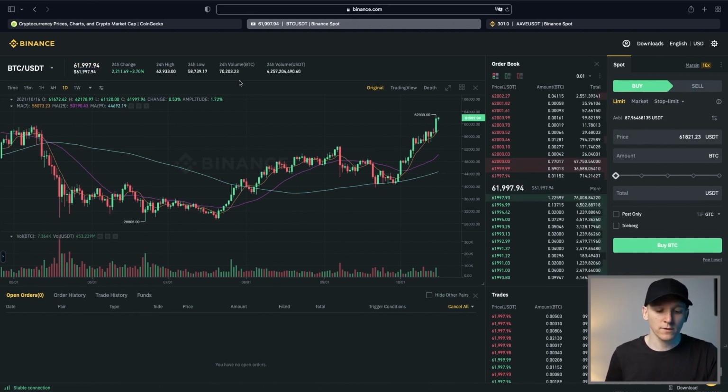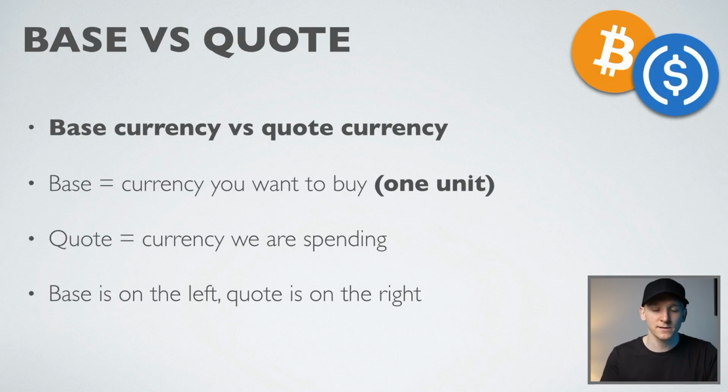But if we come back to the slide, what we can actually see is a currency quote is really split into that base, which is on the left-hand side, and then the quote, which is on the right-hand side. The base currency is the main currency that you want to buy or sell, and the quote currency is the secondary currency, usually that we're selling, but you can buy it as well.